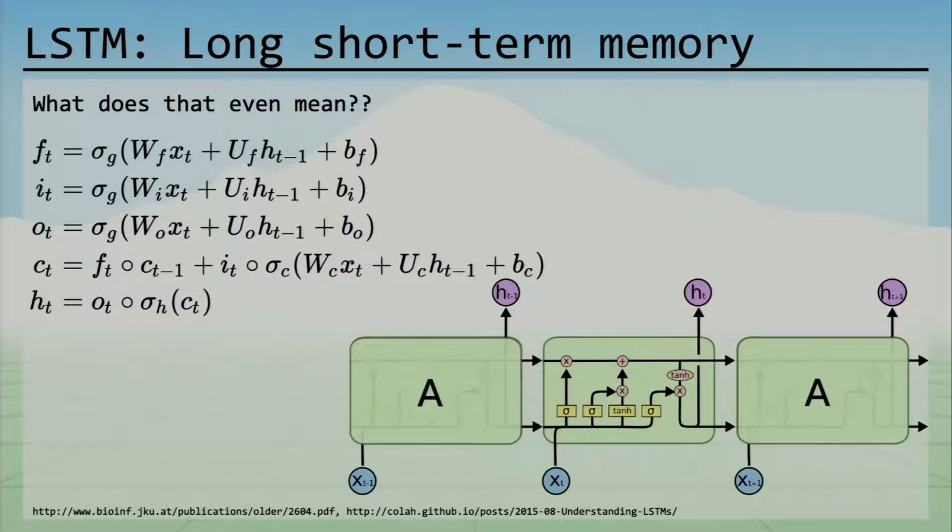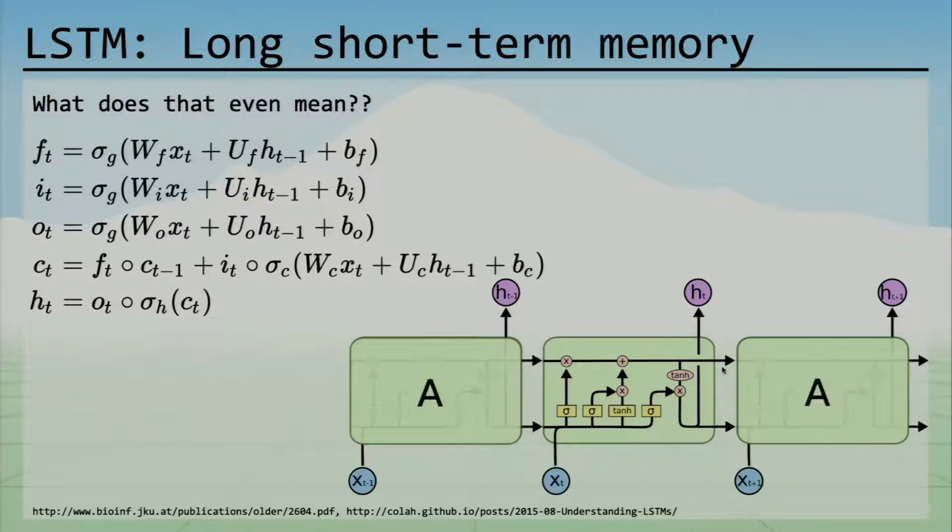LSTMs are even a little bit more complicated, where all of a sudden we have multiple paths of hidden states flowing through our network. We have our input, and our input and previous hidden states are getting transformed. We have some weighted multiplications where we're deciding whether we should pay attention to some piece of our input or whether we should make updates to some piece of it. We're propagating those things forward.